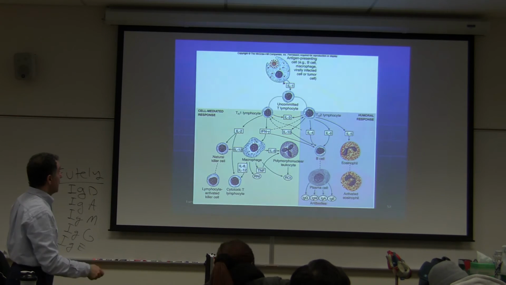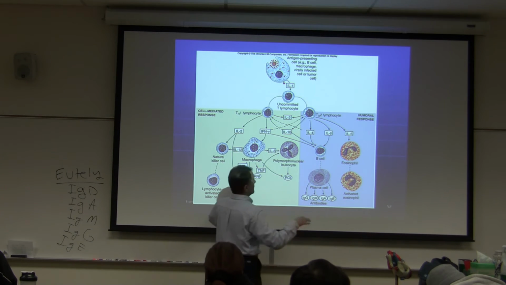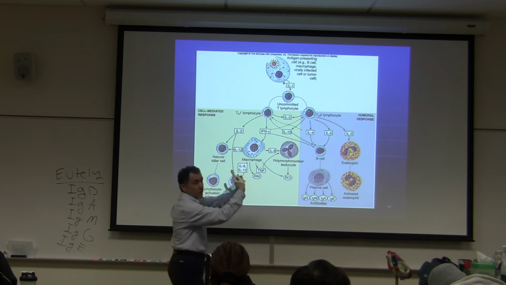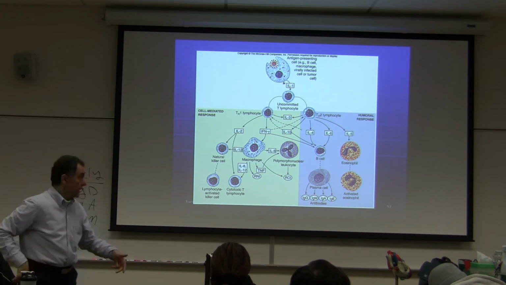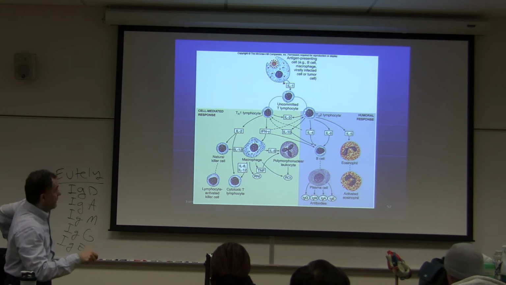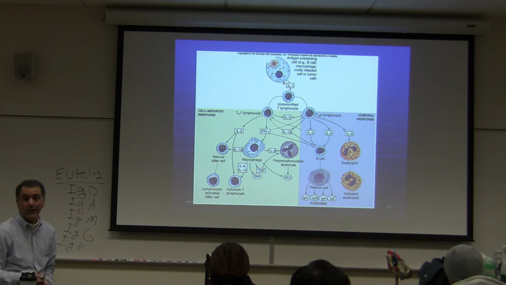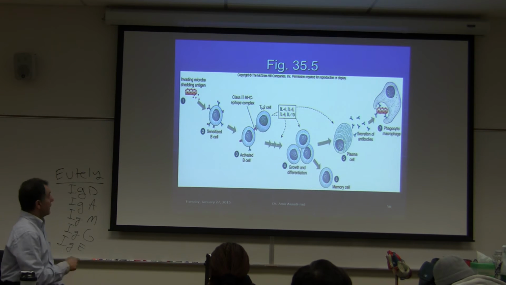So this diagram is showing you that cellular immune response and humoral immune response are connected together. They are not two separate entities. But again, the cellular immune response, cell-mediated response, sometimes without the antibody can function on their own as well. Here again, showing the same thing that I talked about.